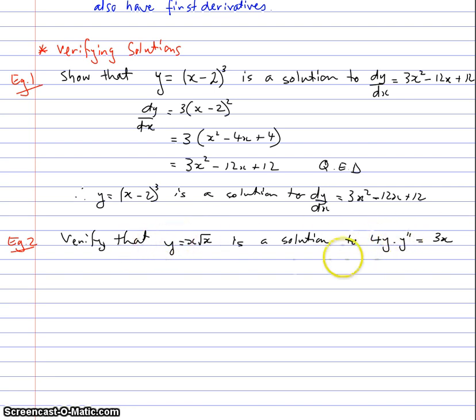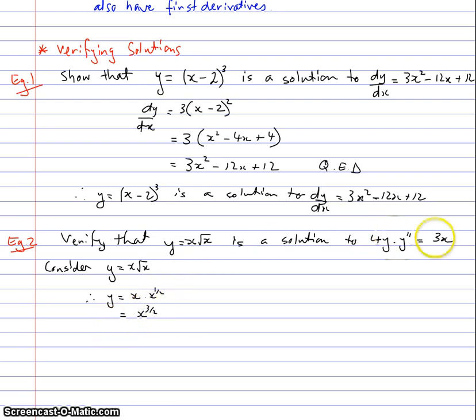So what we're going to have to do is, first of all, just consider what we have been given. Consider y equals x root x. Now that's the same as y equals x times x to the half, which is x to the 3 over 2.